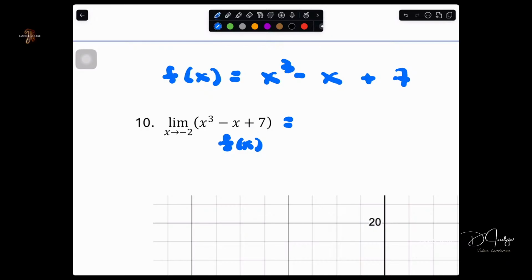There we go. So we can evaluate this by simply doing some arithmetic. f of -2. So as x goes to -2, because polynomials are continuous, we just simply have to evaluate this using some arithmetic.